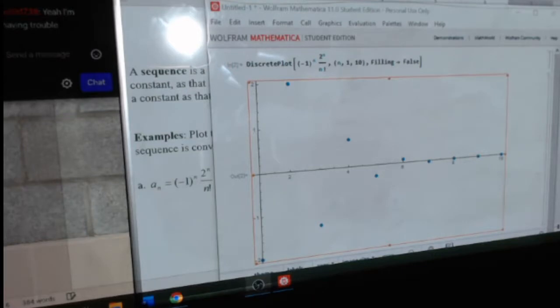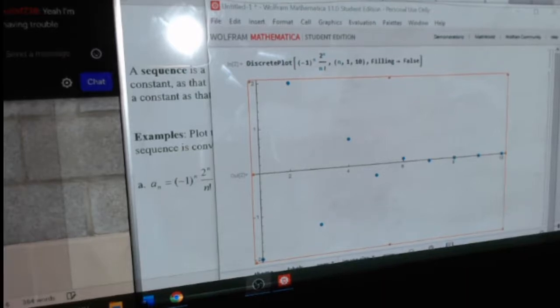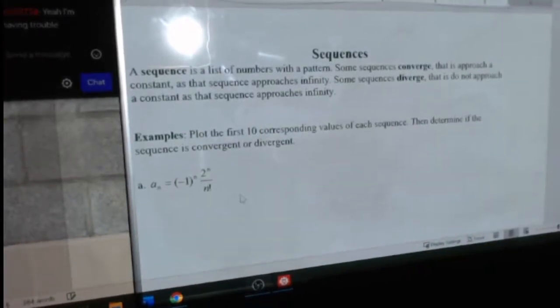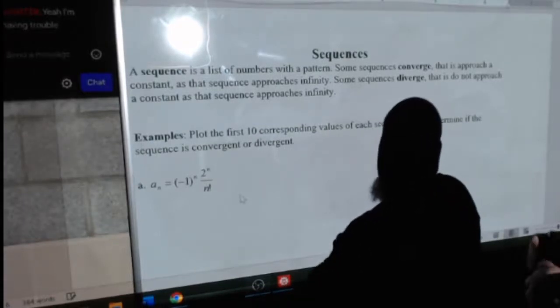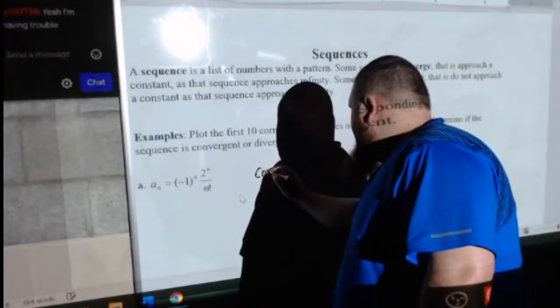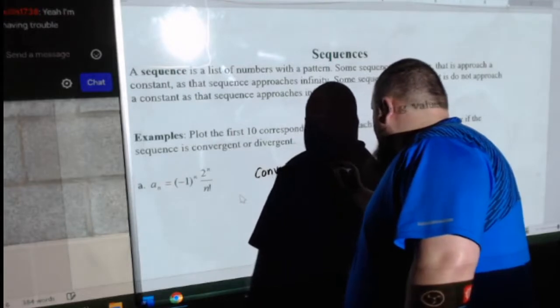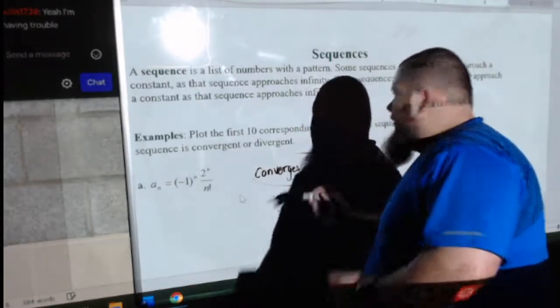And in this case, that value is 0. So you'd be asked to draw this picture. And then we would write here, converges to 0.